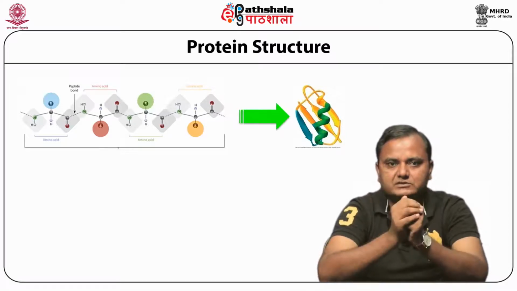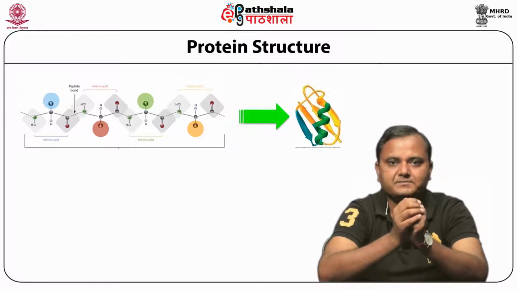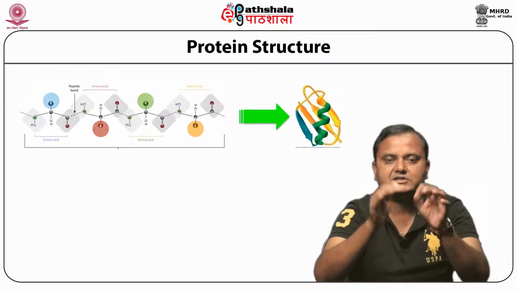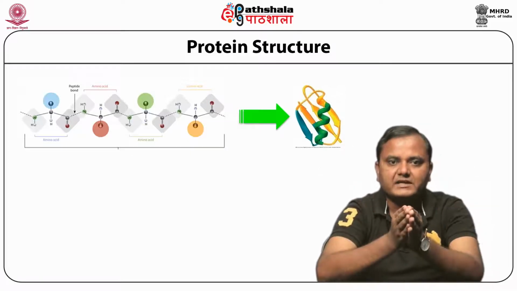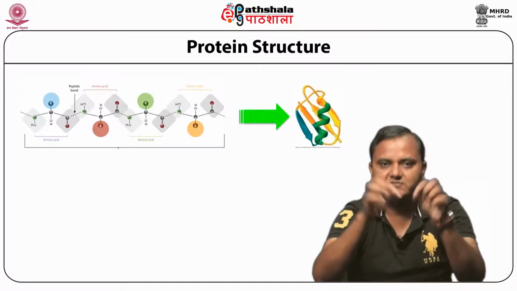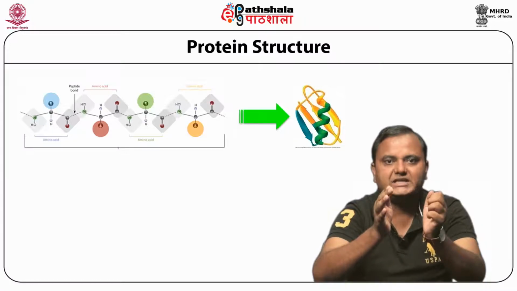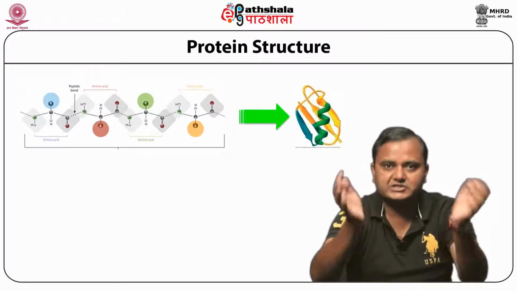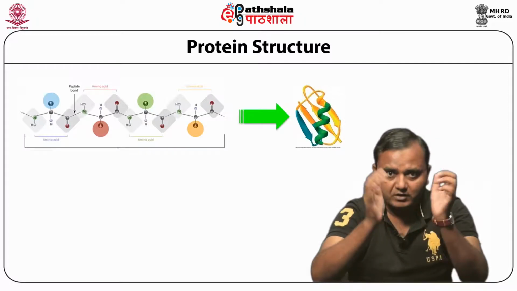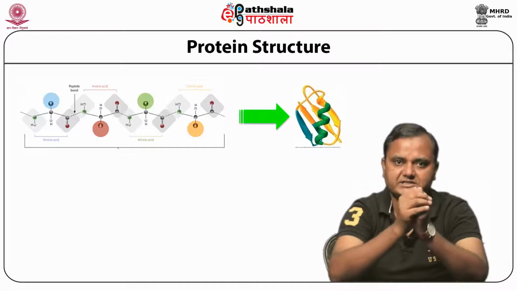The weak non-covalent interactions hold the protein in its functional shape. Although these are weak, they hold the shape of the protein, and the side chains help to determine the conformation of the protein in aqueous solution. So the final shape, or final structure, or final conformation of the protein is called the native state of the protein, which has the lowest free energy possible.